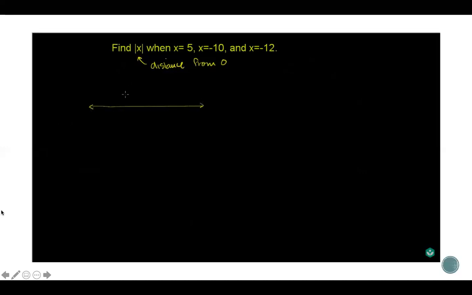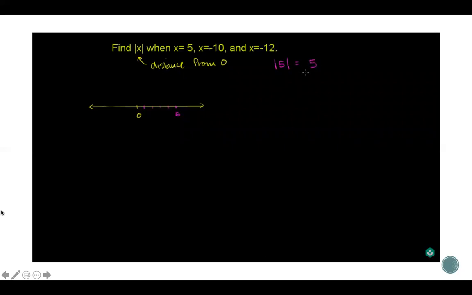Let's put 0 right over here since we're thinking about the distance from 0. Let's think about the absolute value of x when x is equal to 5. That's equivalent to the absolute value of 5. We just substituted 5 for x. The absolute value of 5 is the distance of 5 from 0. So you go 1, 2, 3, 4, 5. 5 is exactly 5 to the right of 0. So the absolute value of 5 is just 5.